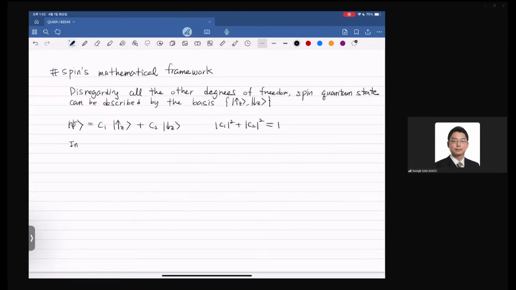In matrix representation, which we already learned, let's repeat: you can assign this one as 1, 0 and this one as 0, 1.